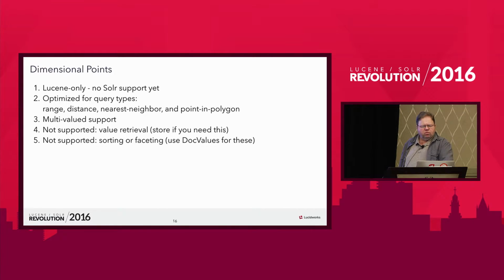It's optimized for the following query types: range queries, distance queries, nearest neighbor, and point and polygon searches. And all of the implementations in Lucene currently have multi-valued support, so you can, for a given field, index more than one value for a given doc.